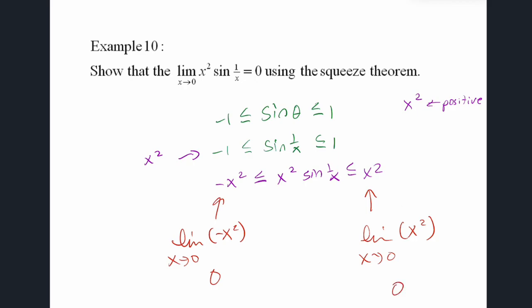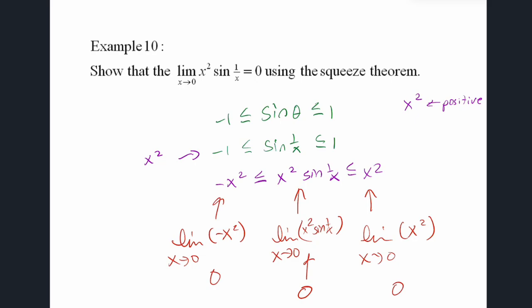So this is saying that the limit of this is going to be 0 as well. It's squeezed between those things. If we were to pull up the graph, you would see that as we approach 0, x squared sine of 1 over x is indeed heading to 0 from both directions. And it's just a result of the squeeze theorem that we could do something like that.